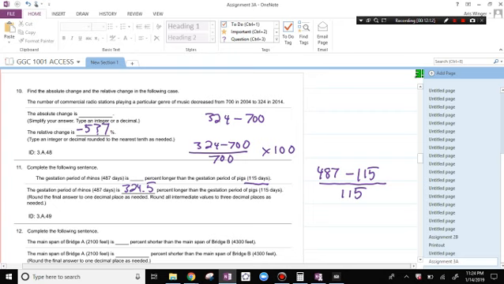And this makes sense that this number is more than 100% because this is more than 2 times as big as this.